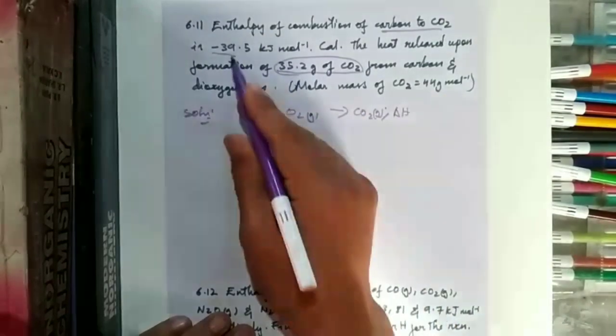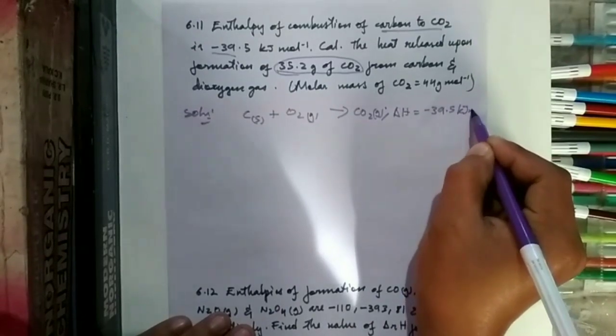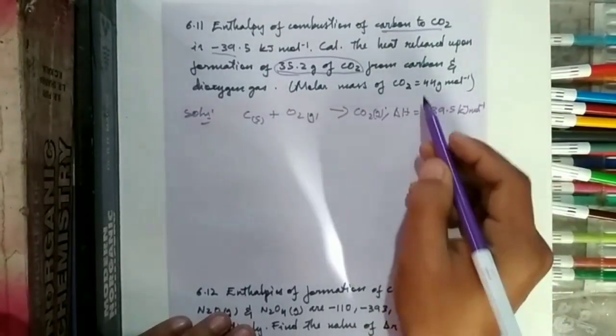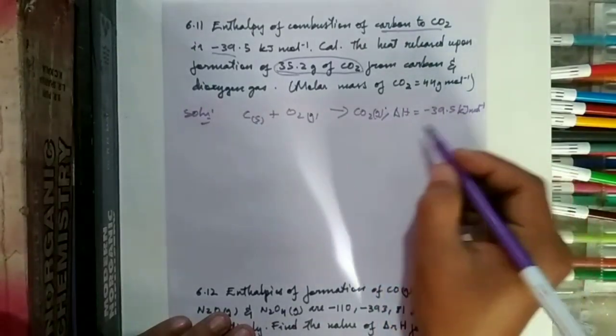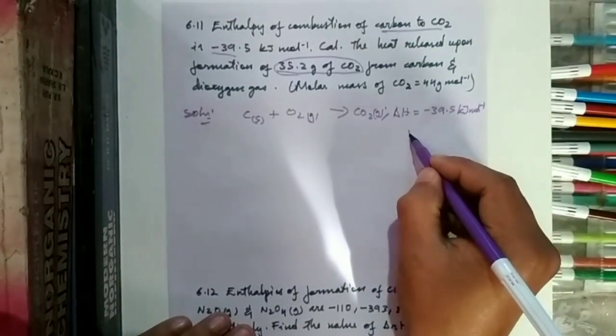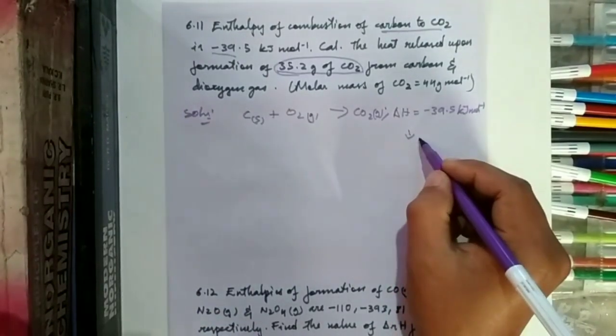Delta H is given as minus 39.5 kilojoule per mole. This molar mass we can get by the carbon atomic number.